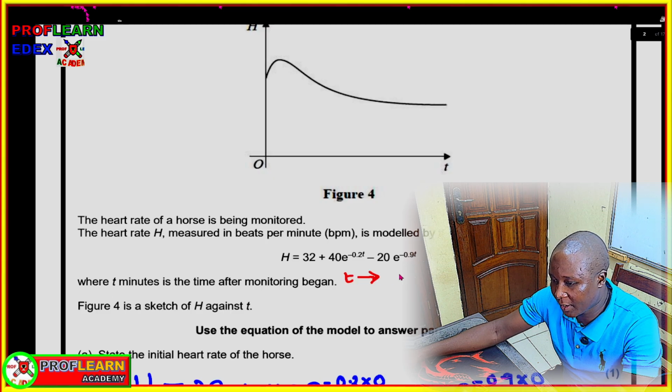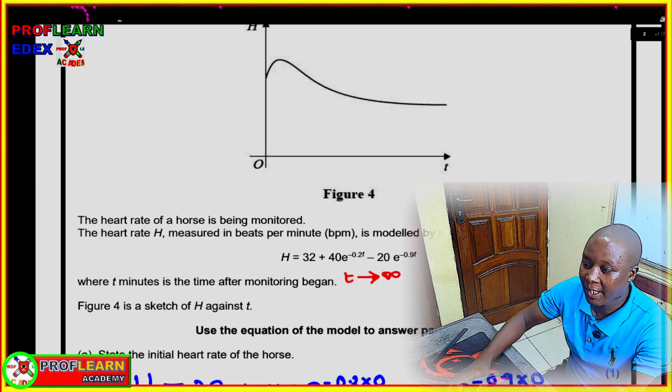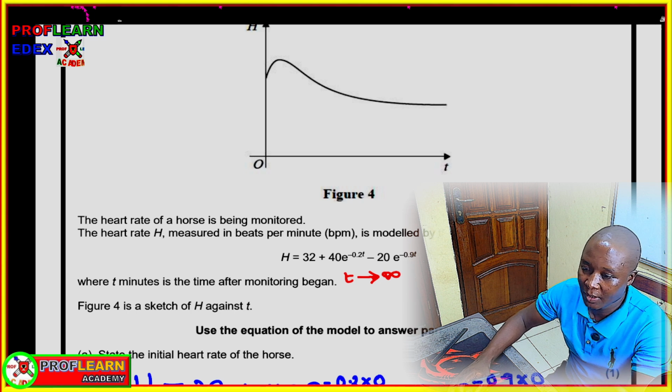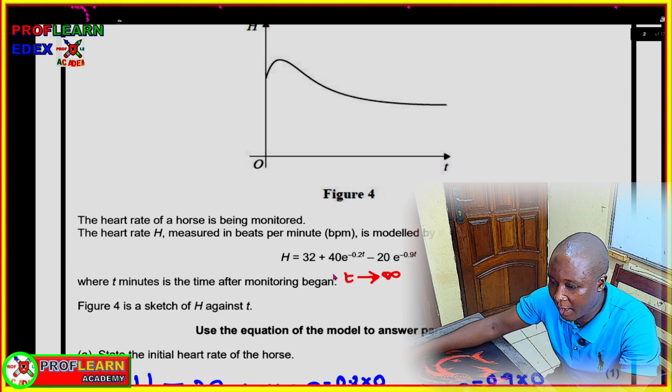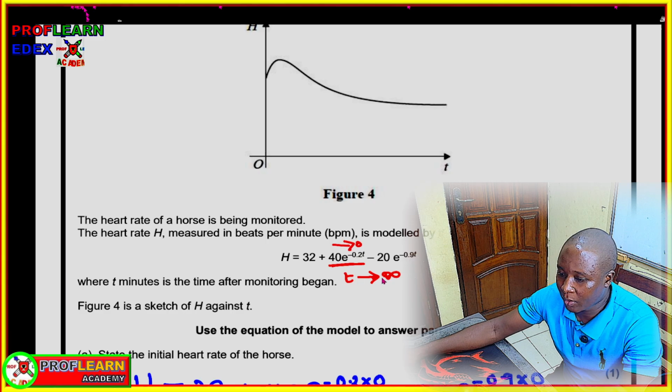approaches infinity, according to this modeling that we have here, this term will be approaching 0. Also, as t approaches infinity, this term also that we are having at this point here will be approaching 0.